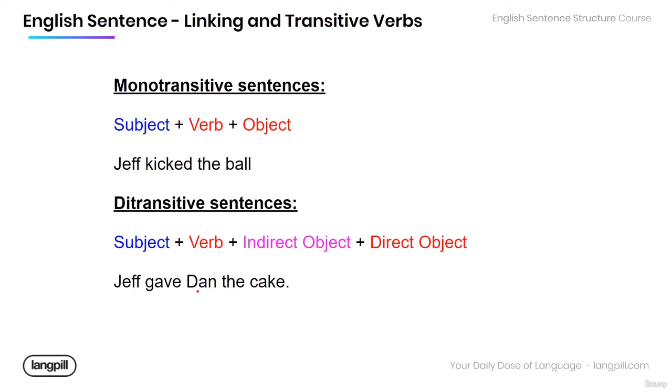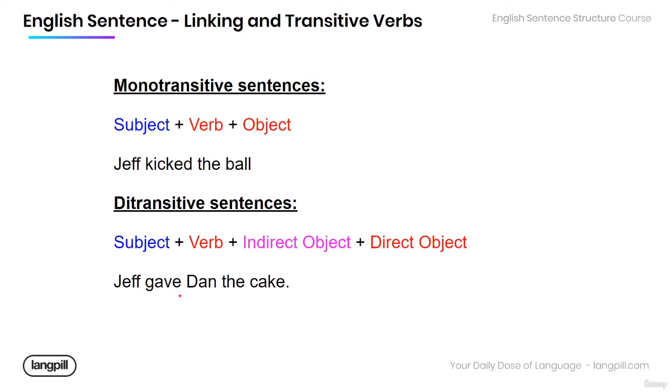The indirect object is Dan, and the direct object is the cake. So in this sentence, if we took out our indirect object, we would still have a monotransitive sentence, right? Jeff gave the cake. So that's how we know the cake is our direct object. The cake is receiving the action.